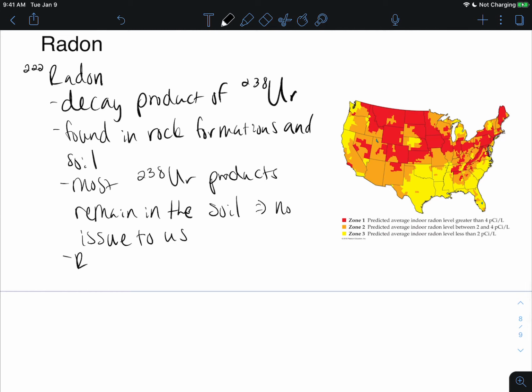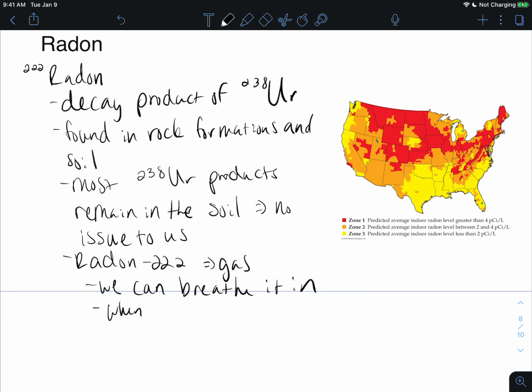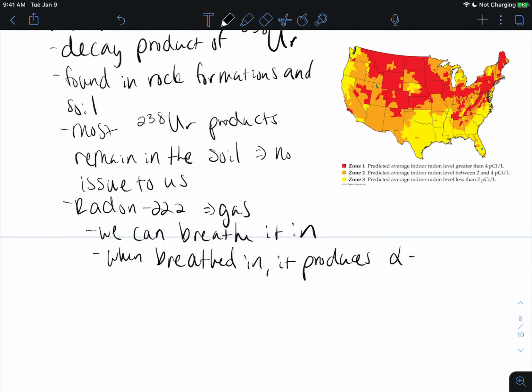But radon-222 is a gas, so we can breathe it in. When it's breathed in, it produces alpha particles. And alpha particles are very dangerous for the body.